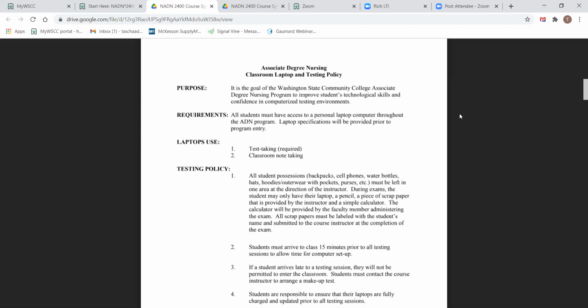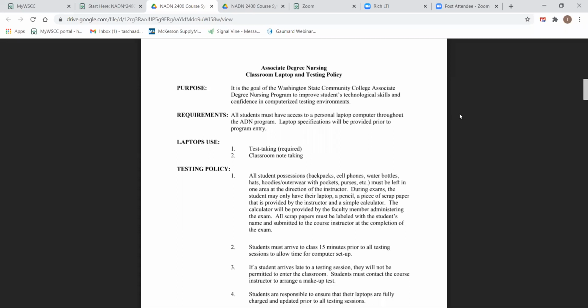The calculators, usually we provide our own. However, if you show us that you have a simple calculator, of course, you're going to be able to use your own simple calculator at home. You can't use a phone, of course, you have to use an actual calculator. So make sure you have a whiteboard and a simple calculator, so if we need those for exams, you will have them ready and you're not scrambling at the last minute.